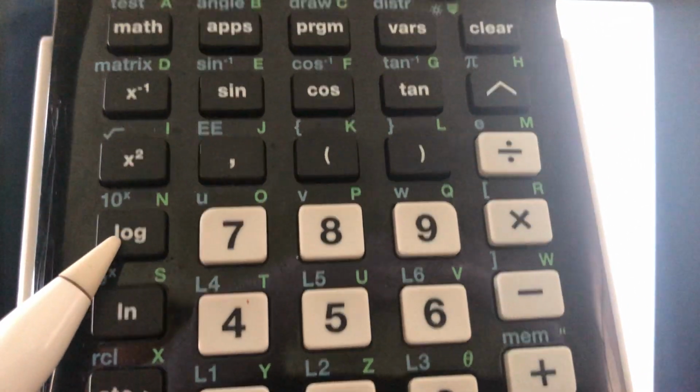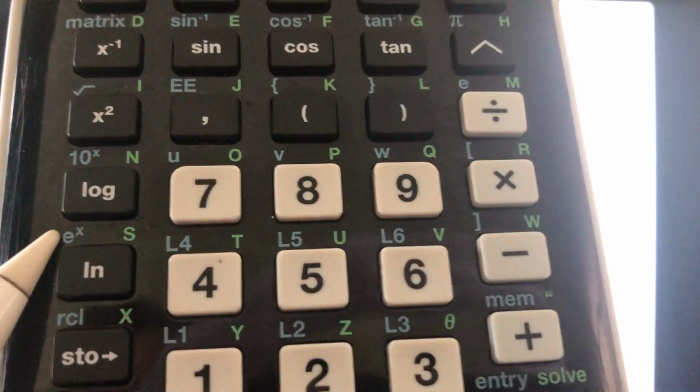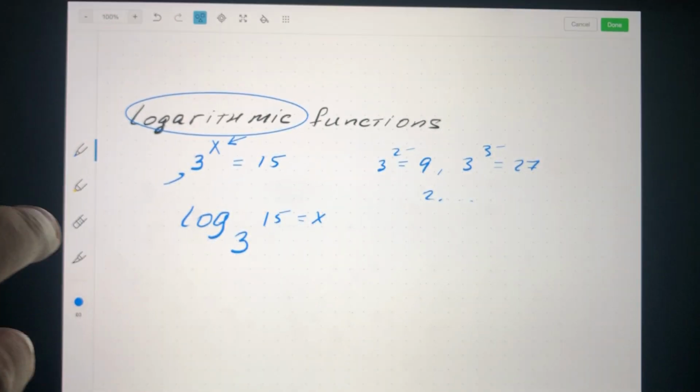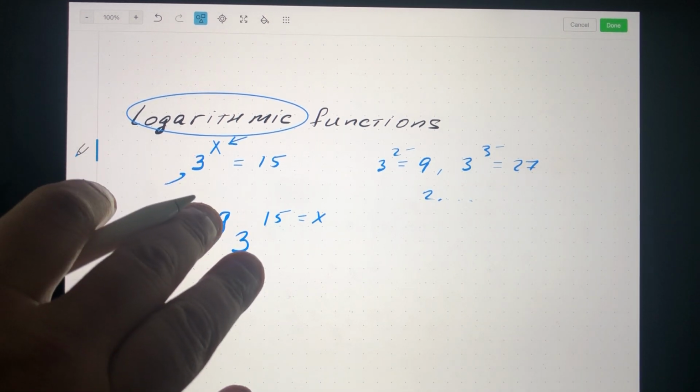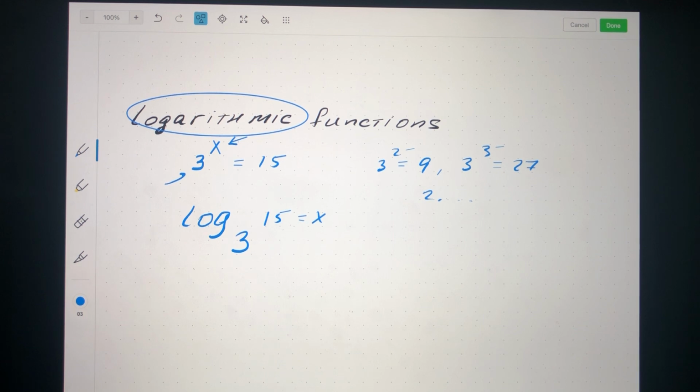Log is the one with base 10. ln is the one with base e. So if we had log base 10 or log base e, we could just press the button and get the answer. But because we don't have any one of those, we have to use something else.